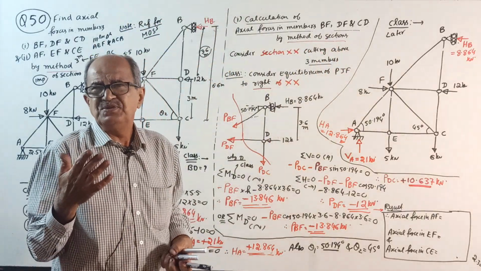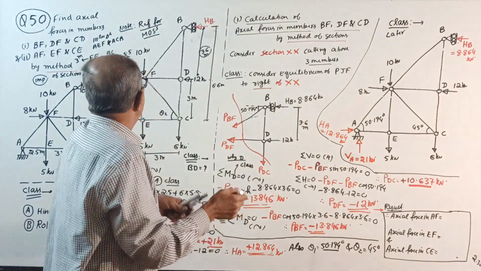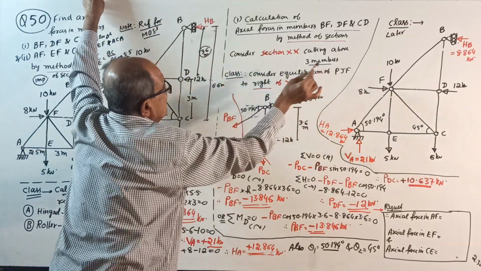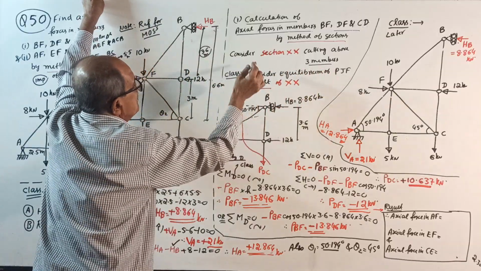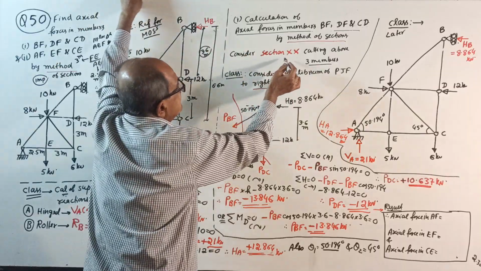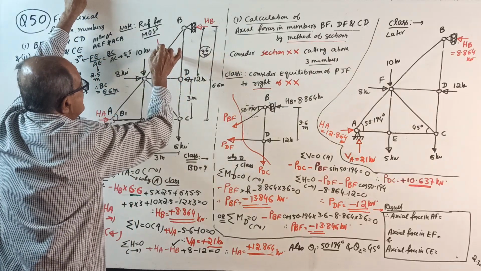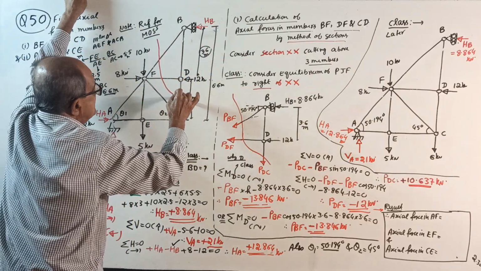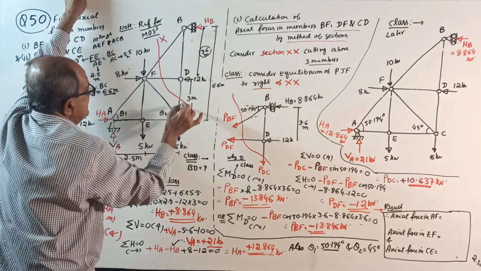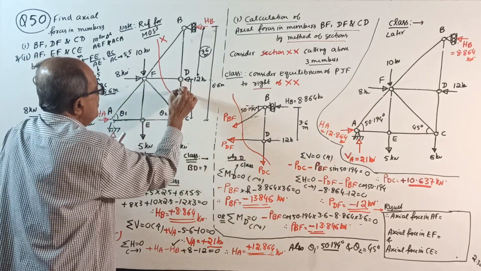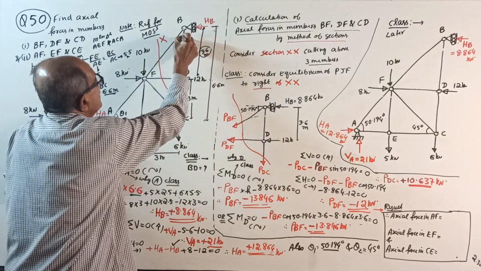Explained so many times. You write this sketch here. Consider equilibrium of pin jointed frame. Sorry, first before that one. Consider section XX cutting these three members. See here. Cut. Okay. XX. Cut this member.